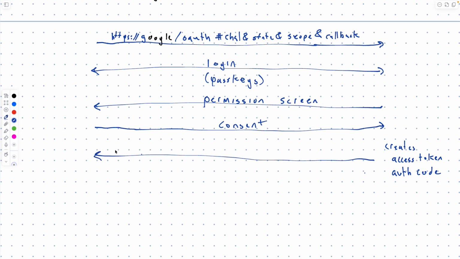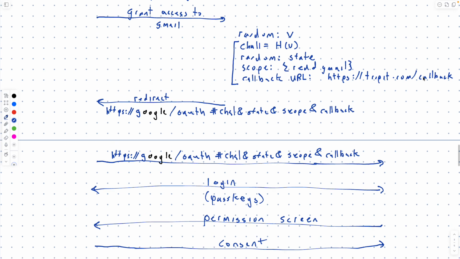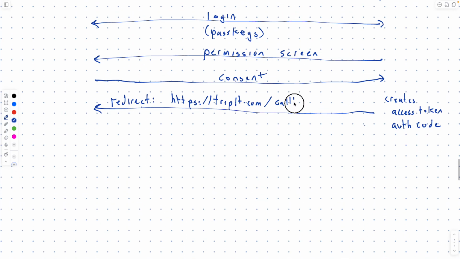So it's going to say, okay, I'm going to redirect you. You're going back to TripIt at the URL that I got up here. So I got this callback URL. So I'm going to send you back to this callback URL.